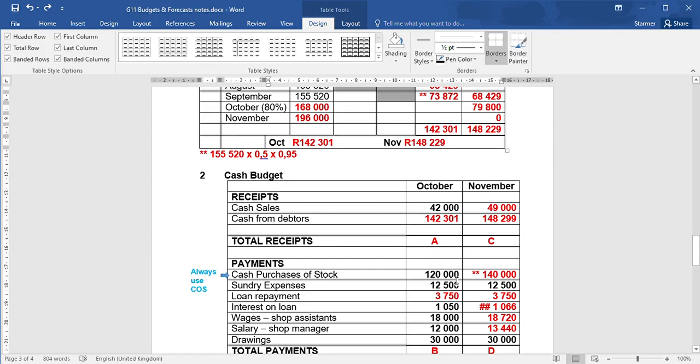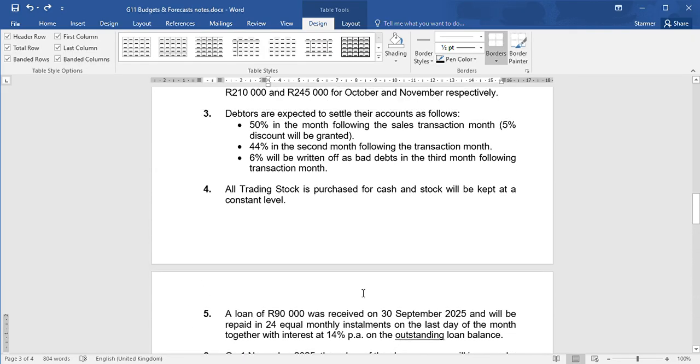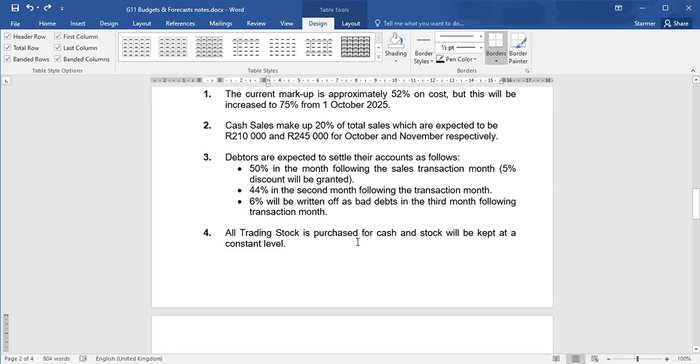Now we need to worry about the purchase of stock. They tell you here that all stock will be purchased for cash and stock will be kept at a constant level. What they're telling you is that whatever you sell in, let's say, March, you will replace in March. But remember, the price that you pay is going to be the cost of sales amount.